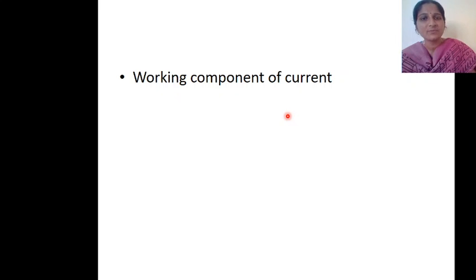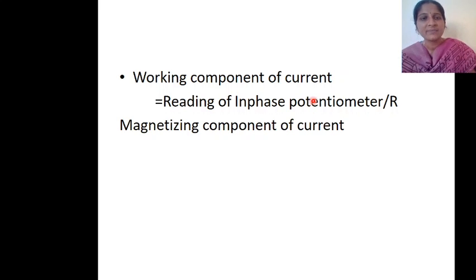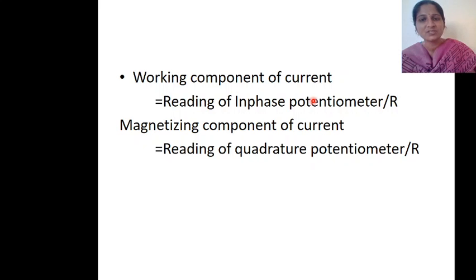So the working component of current is equal to the reading of the in-phase potentiometer divided by resistance, and the magnetizing component of current is equal to the reading of the quadrature potentiometer divided by resistance. By knowing the working component IC and the magnetizing component I mu, you can calculate the iron losses. The iron losses is equal to E1 I cos theta, where I cos theta is nothing but the working component. You can find out the value of iron loss.